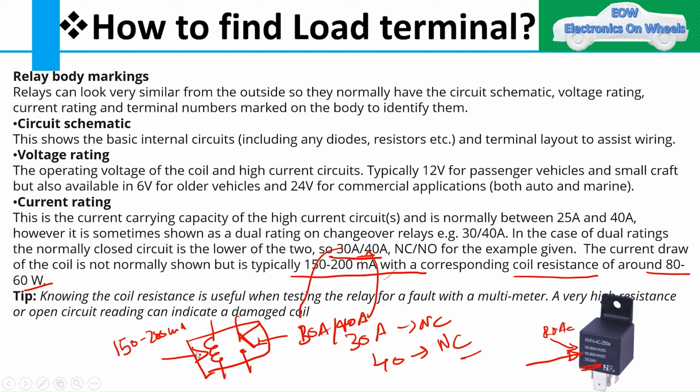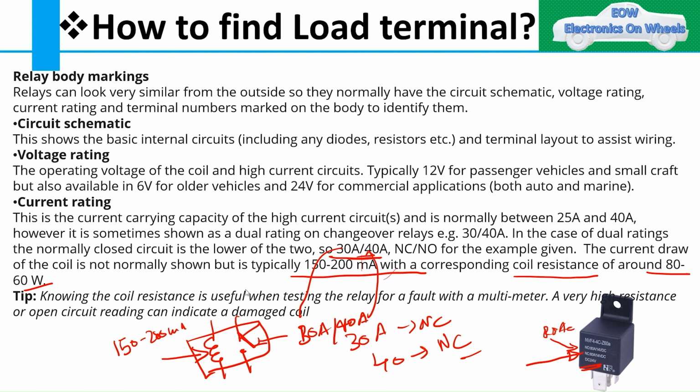That particular relay coil is damaged. That's why the ratings of the coil side and contact side are necessary when you are diagnosing a fault in the vehicle. So that's all. I will cover other points also.